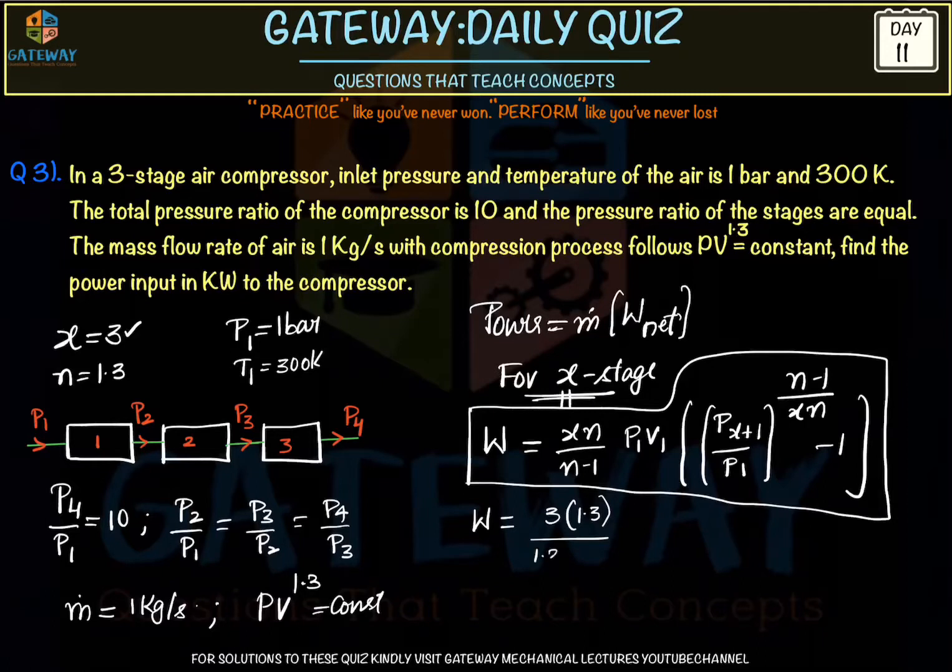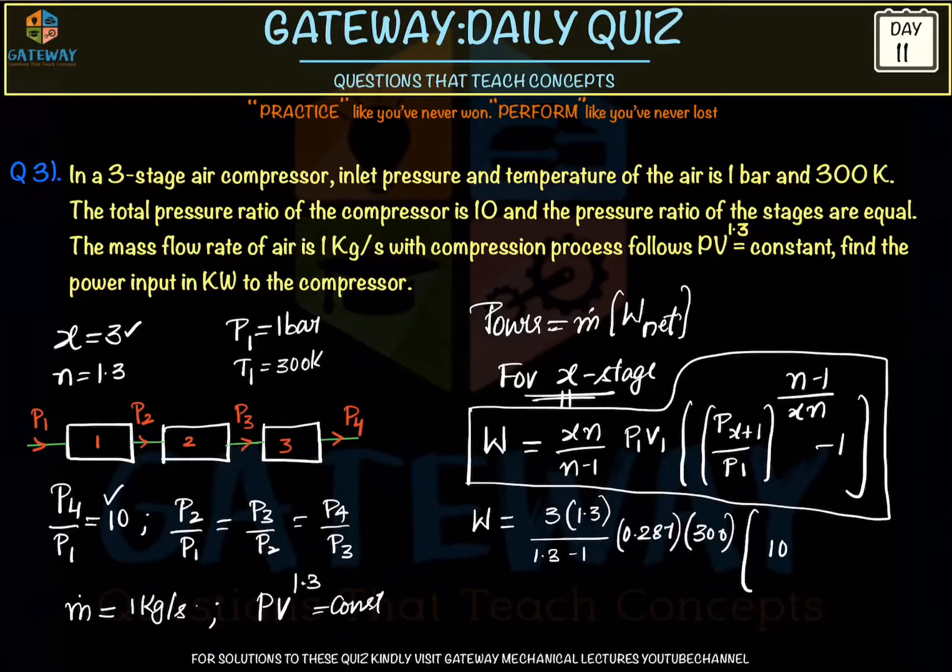And 3 into 1.3 upon 1.3 minus 1 into P1 V1, we can write it as RT1, or you can even write mRT1. When it is taken per unit mass, we can write P1 V1 as RT1. R for air is 0.287 kilojoule per kg Kelvin, into the temperature given as 300 Kelvin, into P(x+1), nothing but P4 upon P1.